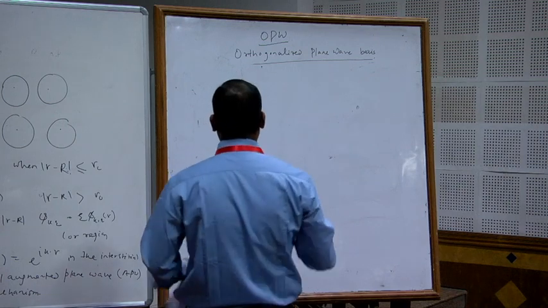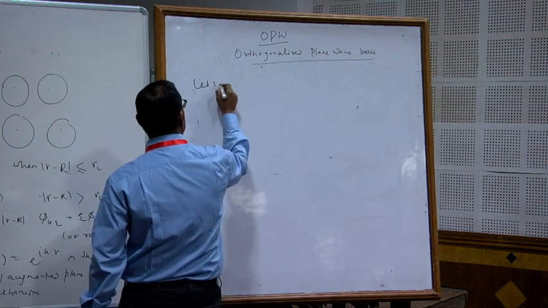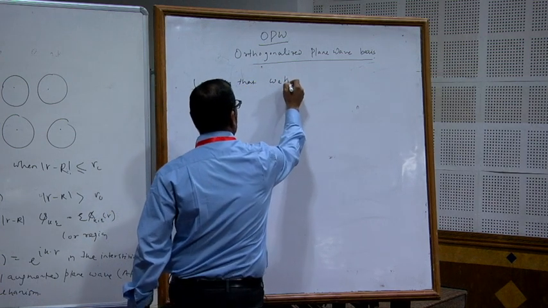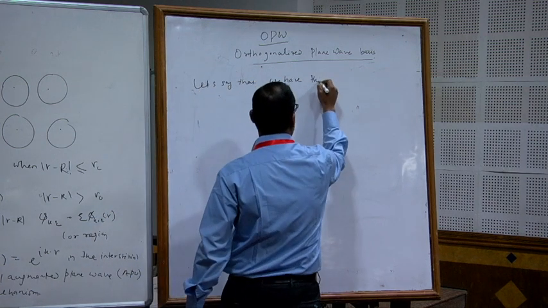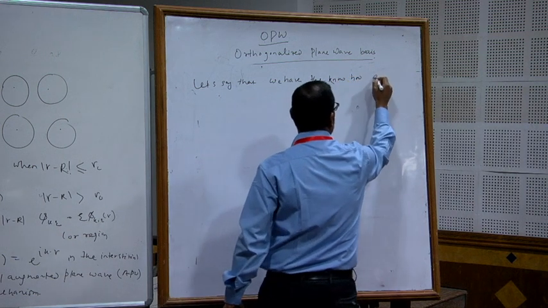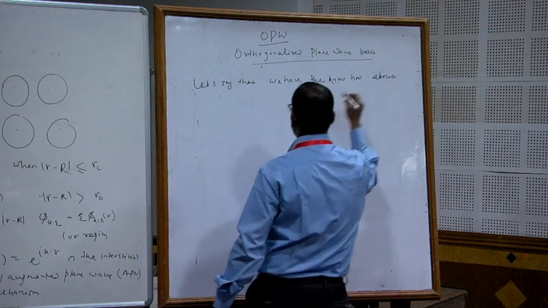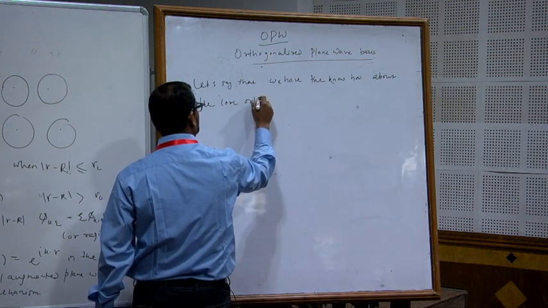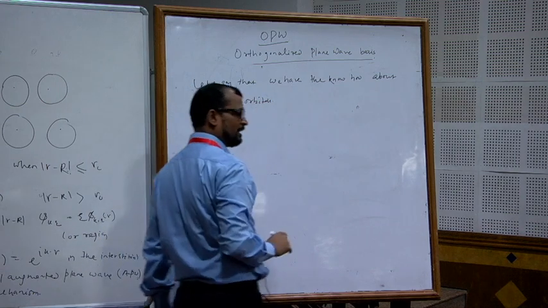Okay? Let's say that we have the know-how of the core orbitals. What do I mean by that?